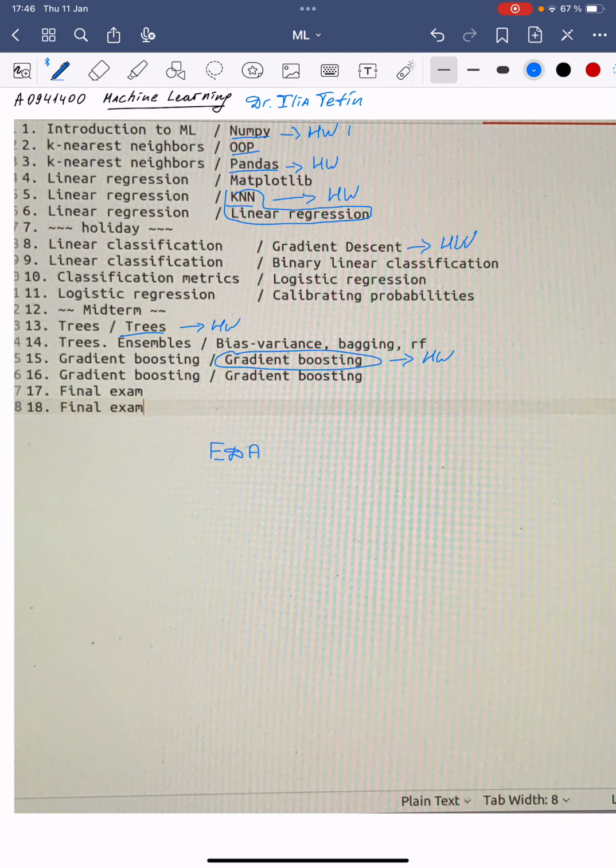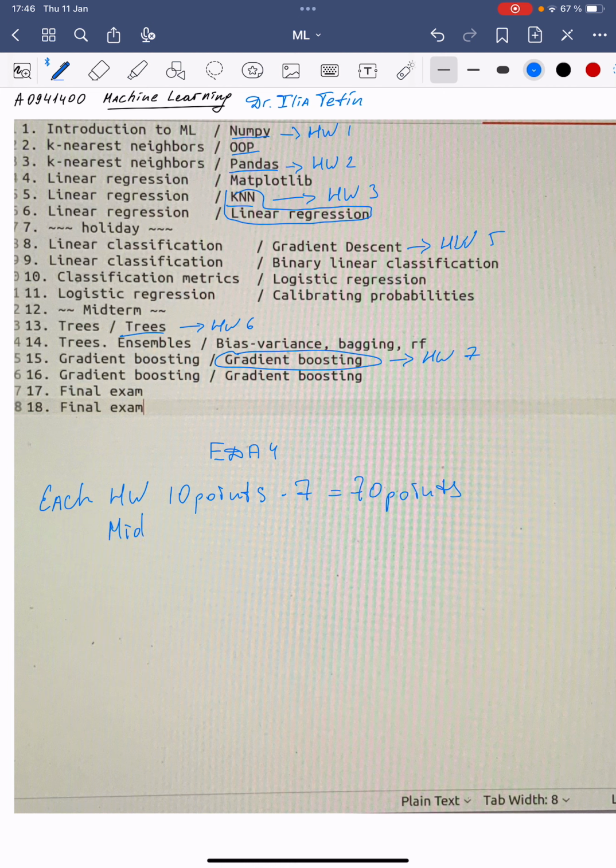So, first, second, third, fourth, fifth, sixth, seventh: 7 homeworks. Each homework is worth 10 points, altogether times 7, 70 points of your final grade.